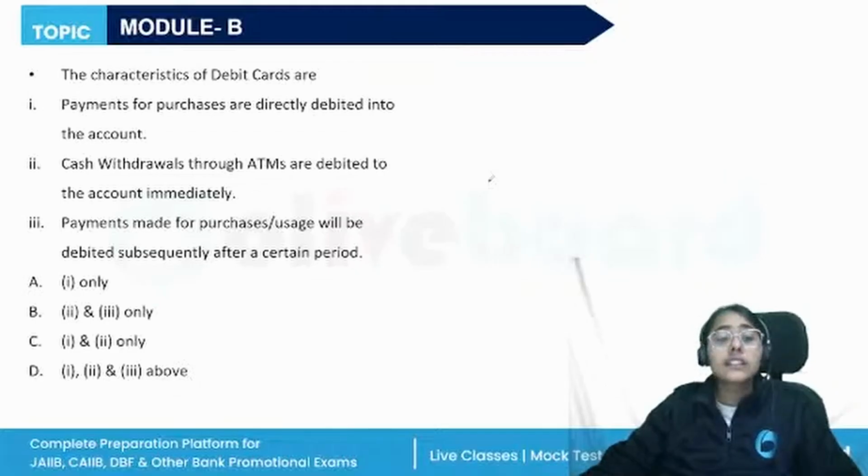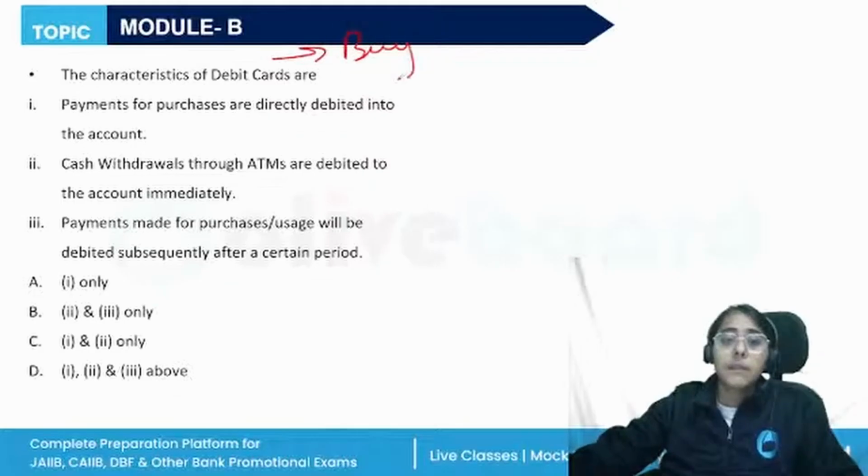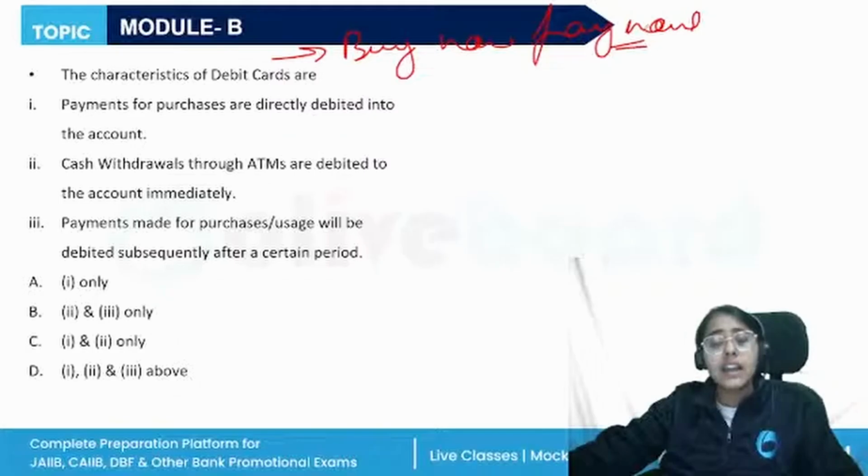Then what are the characteristics of the debit card? Debit card is based on the concept of buy now, pay now. So no charges or credit is created from the account of the customer to which the debit card is linked. Immediately, the amount will be debited for any payment. So the payment of purchases is directly debited into the account.